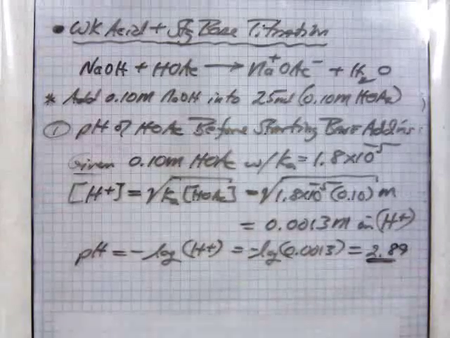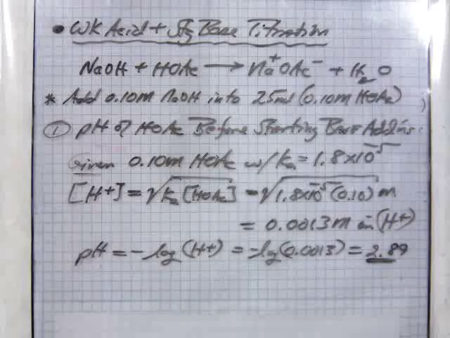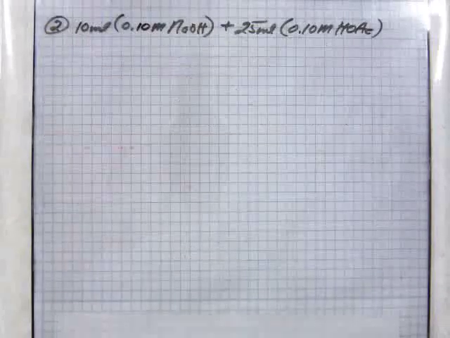So in our titration curve, it's starting at zero volume at 2.88 or 2.89. And now we're ready to add the first 10 milliliters of sodium hydroxide and repeat the calculation we showed you in the strong titration. Okay.